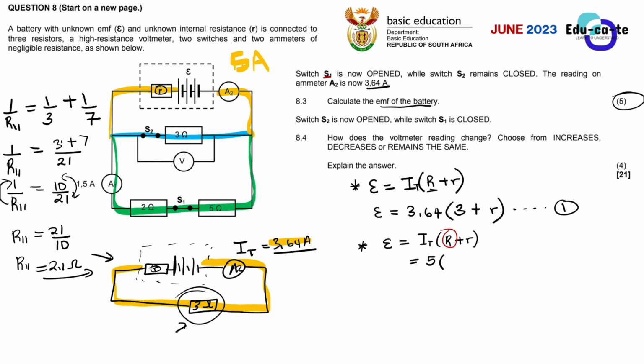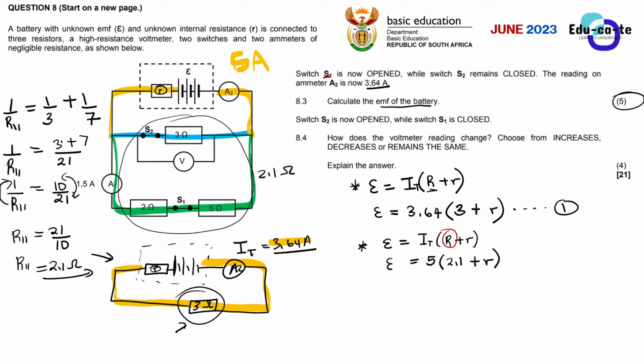So it means that when switch S1 was closed, the 3 ohms and the 2 ohms and 5 ohms, we combined them together to form one effective resistor, which was 2.1 ohms. So that was the total external resistance. And we did not know the internal resistance.